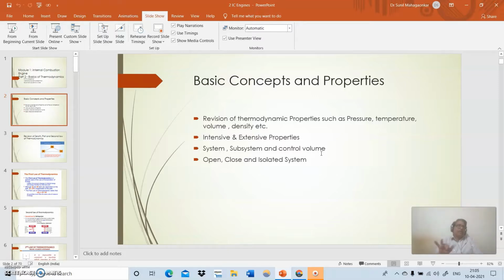If I take V by m, then you get volume per unit mass. Or, if I take V on this side, P equals rho into RT, that is, P by rho is equal to RT. I can explain that using the board.